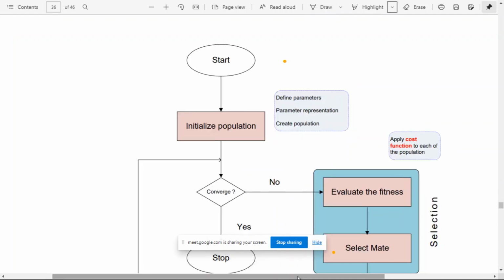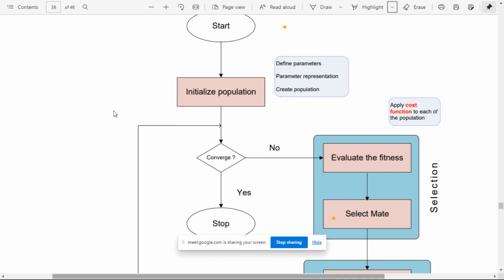So we are starting, and then there is an initial population. The initial population includes all these things: defining parameters, representing the parameters, creating the population. Here population means a collection of individuals, and each individual is a possible solution.